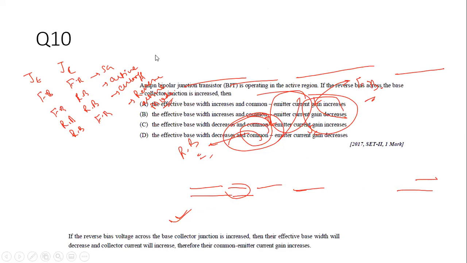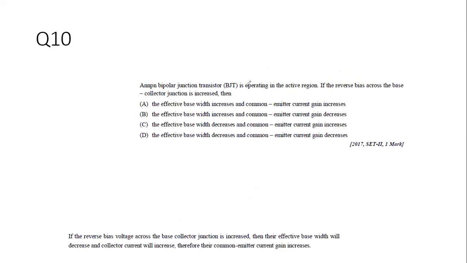Now come to the next question. An NPN bipolar junction transistor is operating in active mode. The reverse bias across the base-collector junction is increased. Then what will happen?